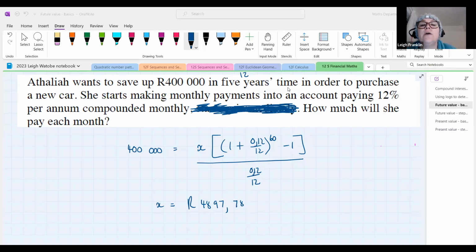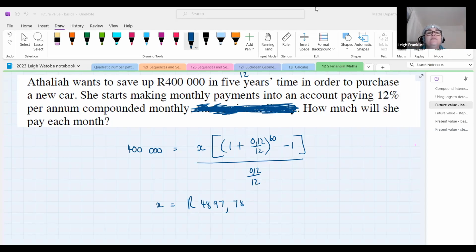Okay, so Swanaka, it is your monthly payment. X represents your installment, your monthly payment. So when they say how much will she pay each month, they are implying that you need to calculate the value of X. Either they give you F, or they give you X, they give you I, they give you the number of payments, you calculate F. You can only calculate one unknown.